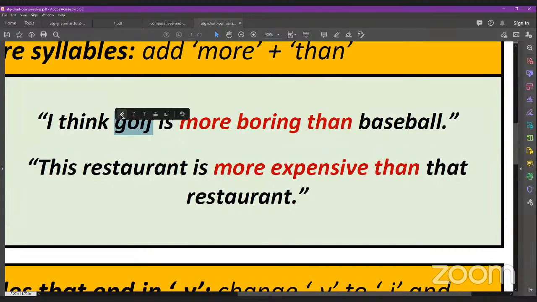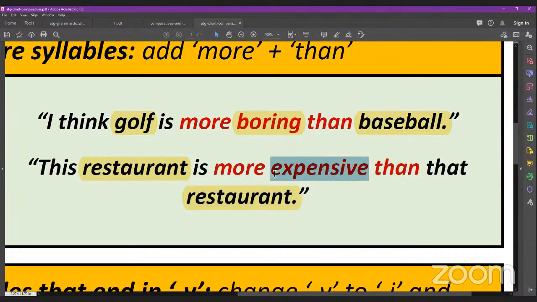Golf, baseball. You see? What is the adjective? Boring. In the next sentence, it's comparing a restaurant with another one. What is the adjective? Expensive. This restaurant is more expensive than that restaurant.